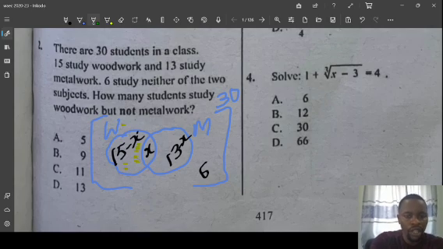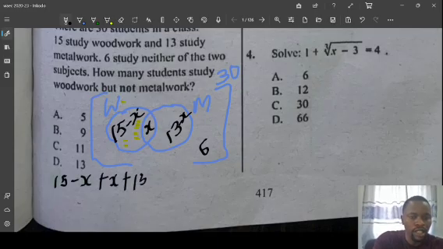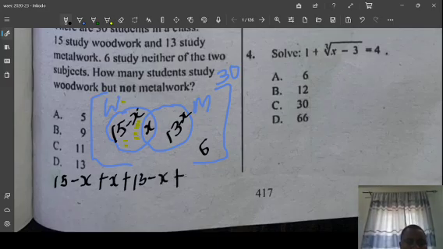The truth is that everything inside this box is always going to be equal to the 30 students. So all you need to do is to form a simple equation whereby you have 15 minus x, minus x, that is this first set, plus this x in the middle, plus 13 minus x, plus these 6 people who study neither, will all be equal to 30 students.